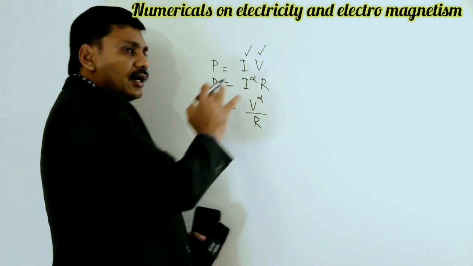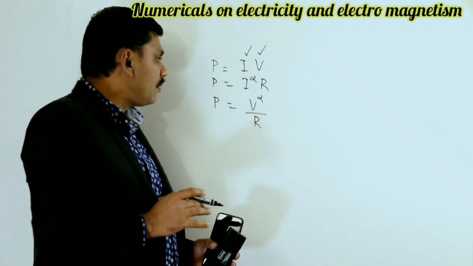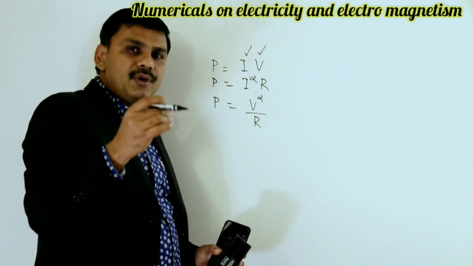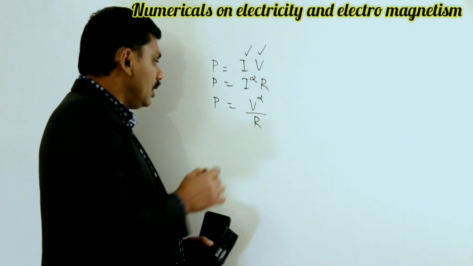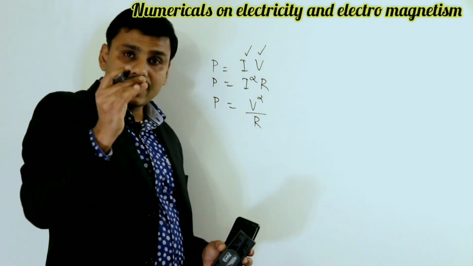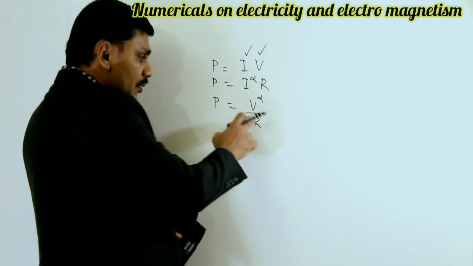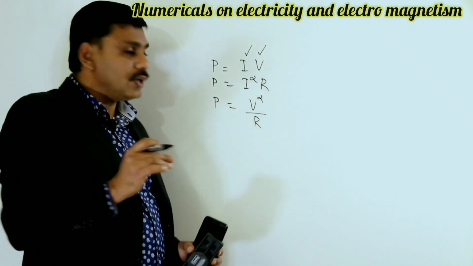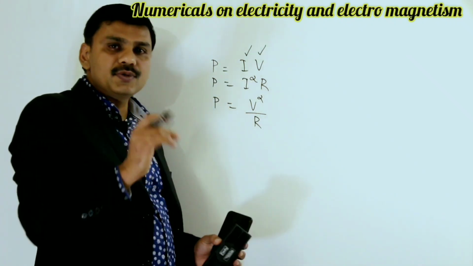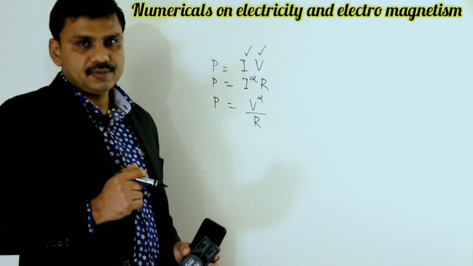If they are giving current and resistance, you calculate the power by multiplying I square and R. If they are giving voltage and resistance, you use this equation. So electric power you can directly calculate by using any of these equations.